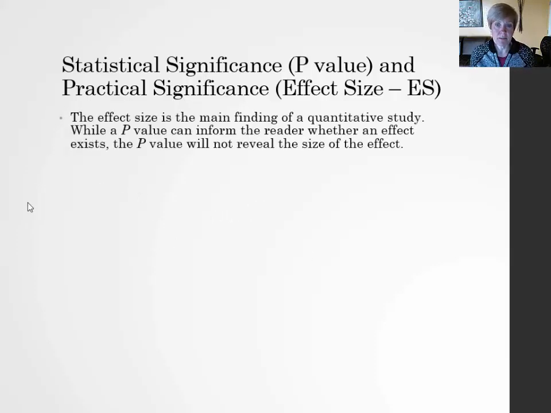So the effect size is the main finding in a quantitative study. While the p-value can inform the reader about whether the effect exists, the p-value will not reveal the size of the effect. So for example, I mentioned my dissertation project a week or so ago, and I found statistical significance of improvement on their pre and post survey on their career knowledge and career self-efficacy. But statistically, it was significant in a population like I had, which was over 6,000 students. It's actually fairly easy.